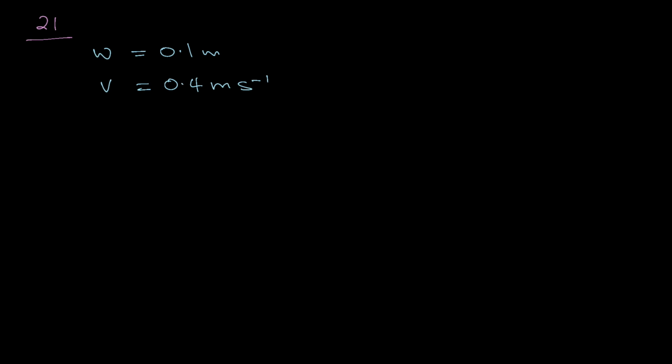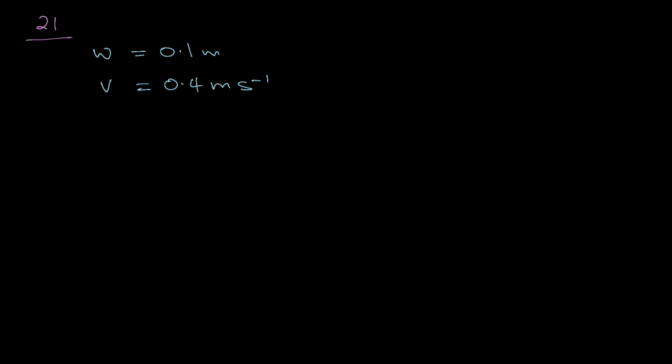Question 21. A rubber belt in an electrostatic machine has a width of 0.1 meter and moves with speed of 0.4 meter per second. Each square meter of a belt carries a charge in coulomb.